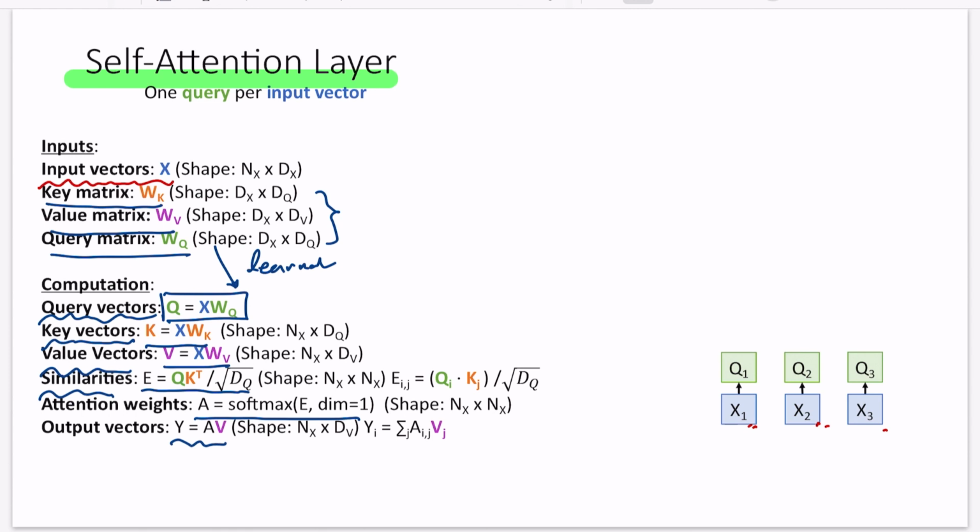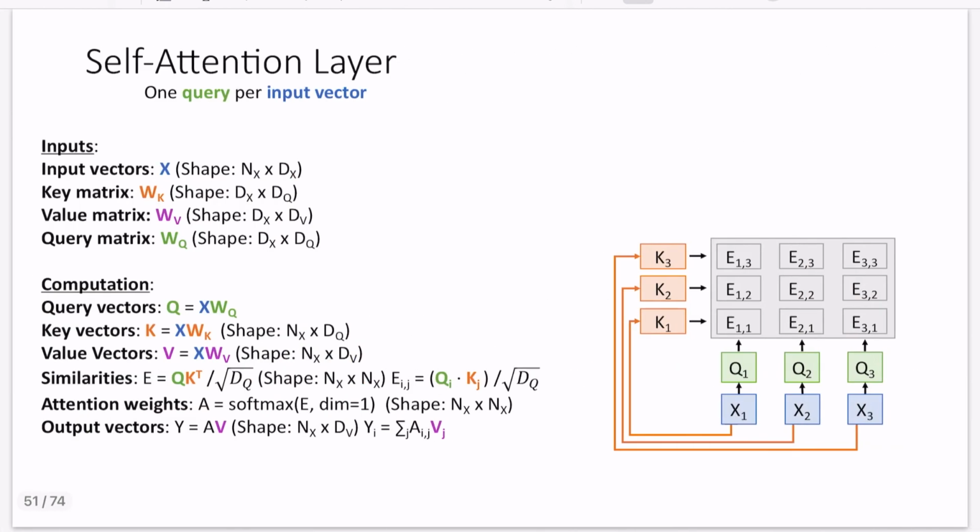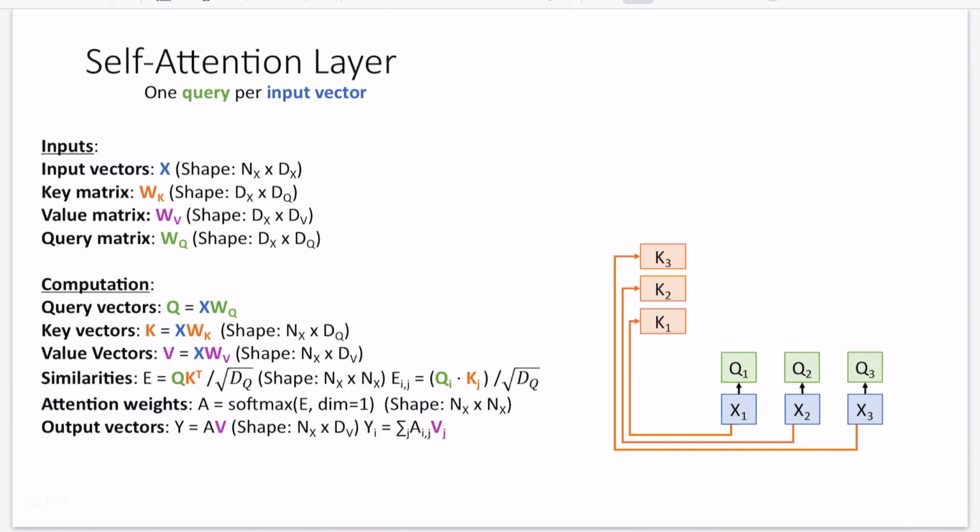To sum up, we only have the input vector X, similarly to a convolutional neural network or other neural networks. But we just embed input vectors X1, X2, X3 to Q1, Q2, Q3 with a query matrix or query MLP and K1, K2, K3 with a key matrix or key MLP.